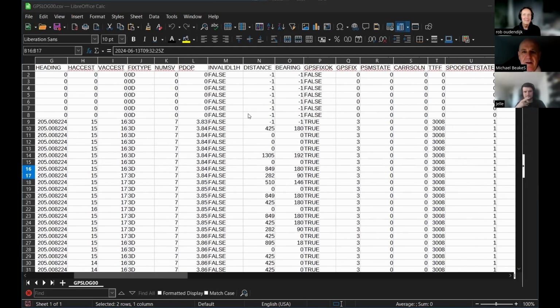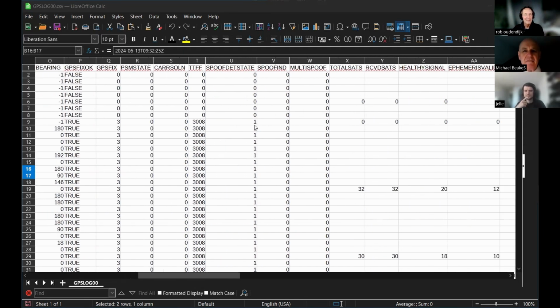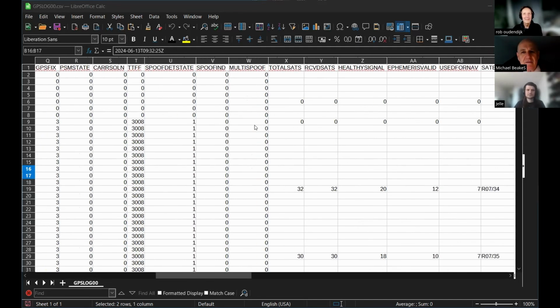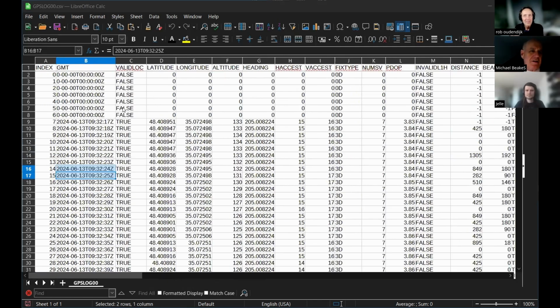If you look at the very top, the first row, you get the data from the PVT packet, the nav status packet, and the nav sat packet all on a single row. Now, the nav sat packet only comes once every 10 seconds.